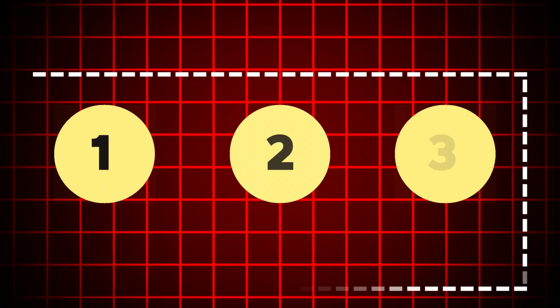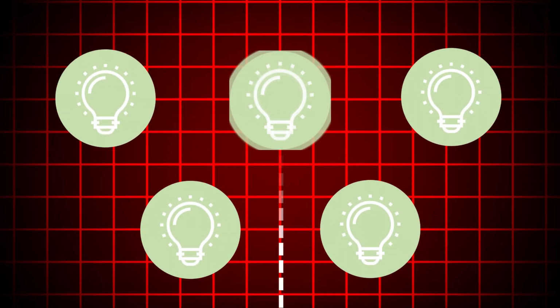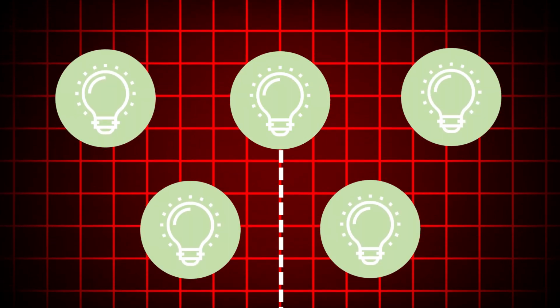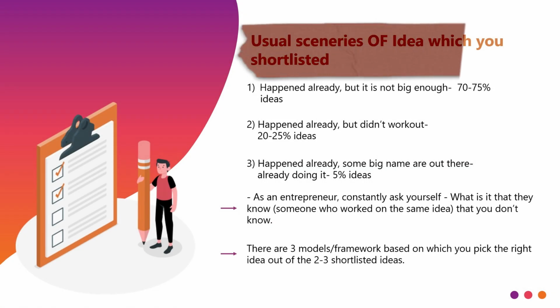So let's begin. Everyone, in this session, we'll discuss 3 simple yet effective frameworks which will help you pick the right idea. But before we dive deep into these frameworks, let me explain the usual scenario of the ideas which you have generated.